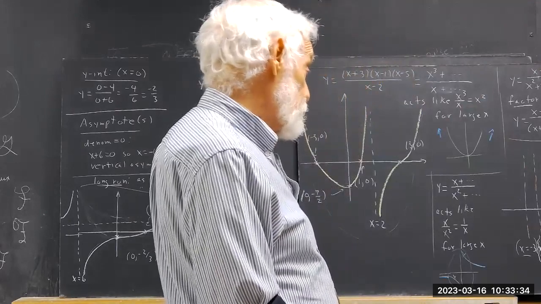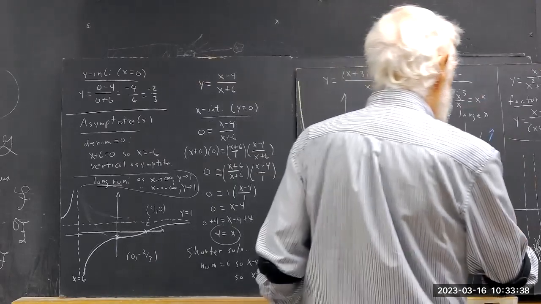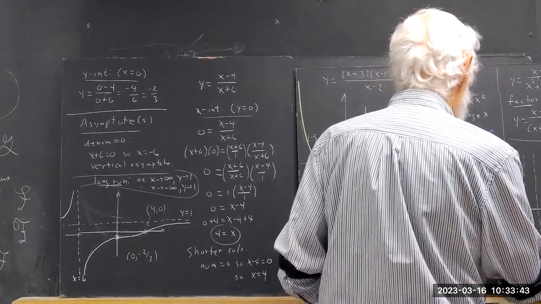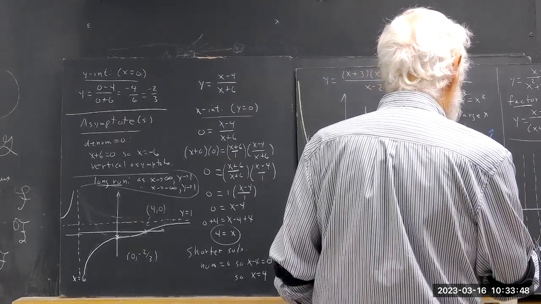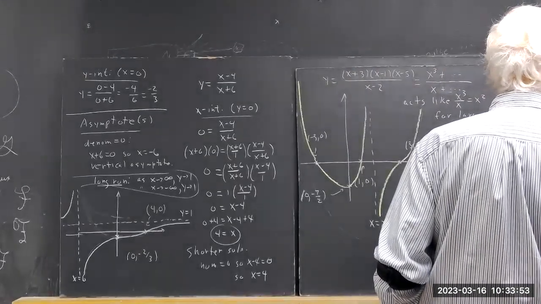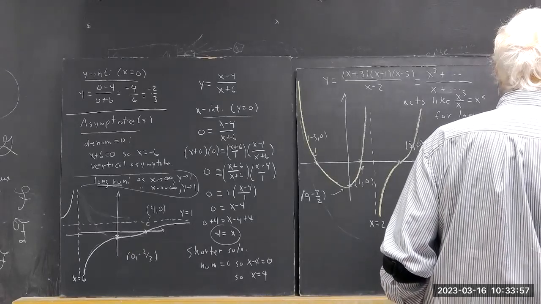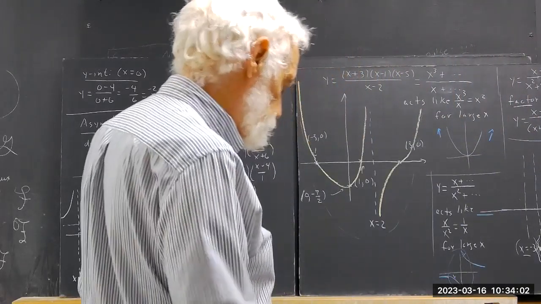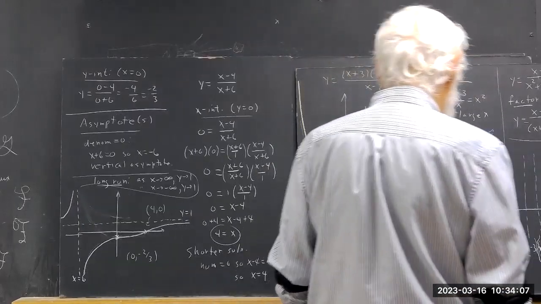So for large x, we know that this function is going to start over here with an asymptote at the negative x-axis. Over here, it's going to end up close to the negative x-axis. Now it's going to have a vertical asymptote at x equals -3.